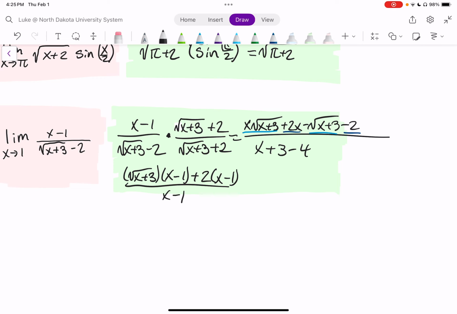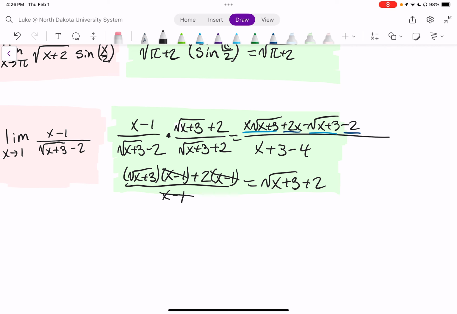Okay, this is really nice because we can just cancel, well, we'll divide the top and the bottom by x minus 1, and so that's going to be equal to 1 in the bottom. Don't have to worry about that. And then those are going to be 1s, so that's going to equal the square root of x plus 3 plus 2.